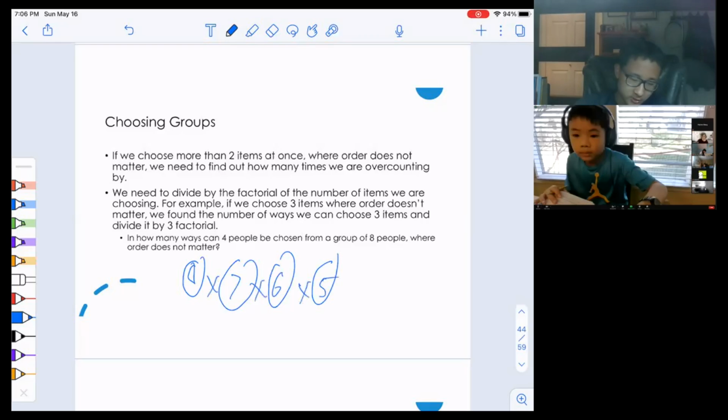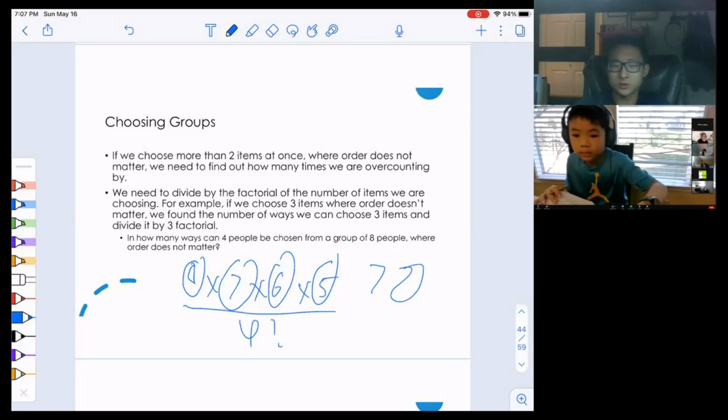But since order doesn't matter here, we divide by the number of times we can order these 4 people, so we divide by 4 factorial. What we'll end up getting is 7 times 2 times 5, which is 70. So there are 70 ways to pick 4 people from a group of 8.